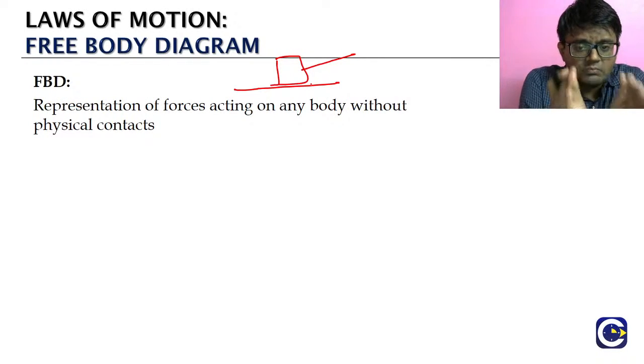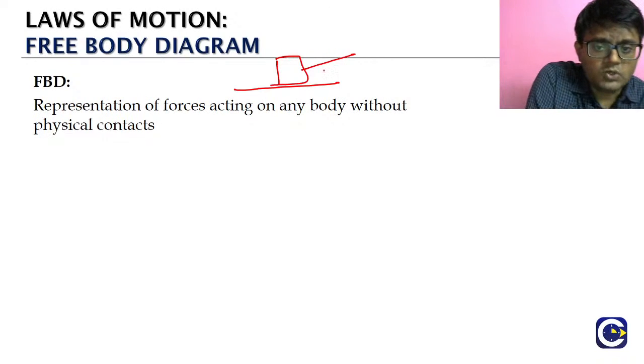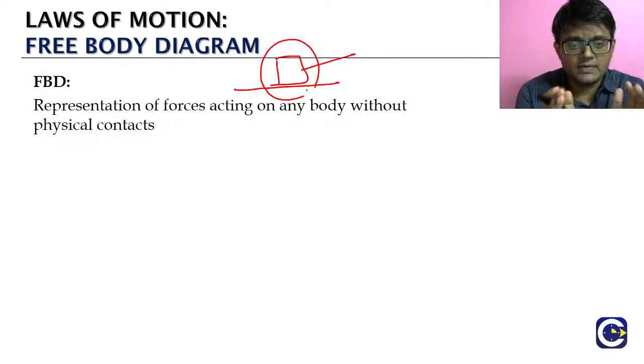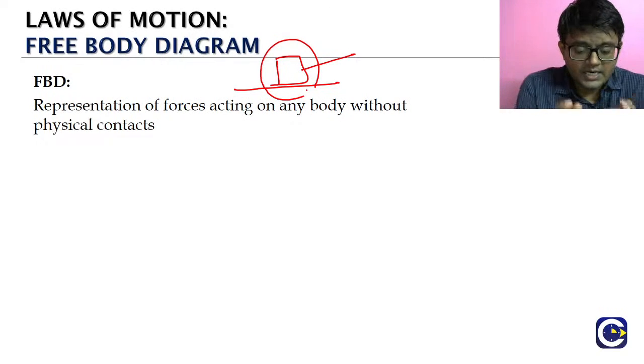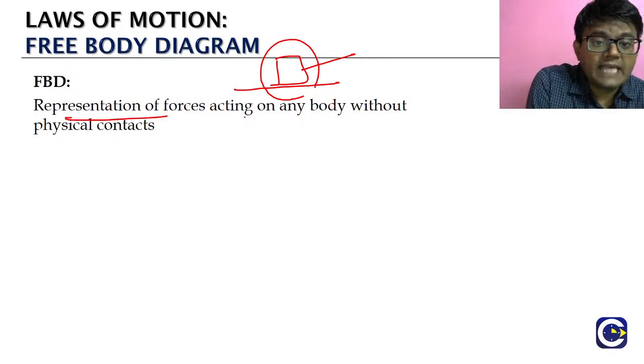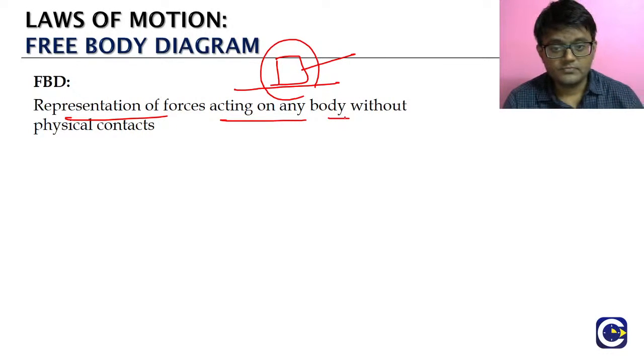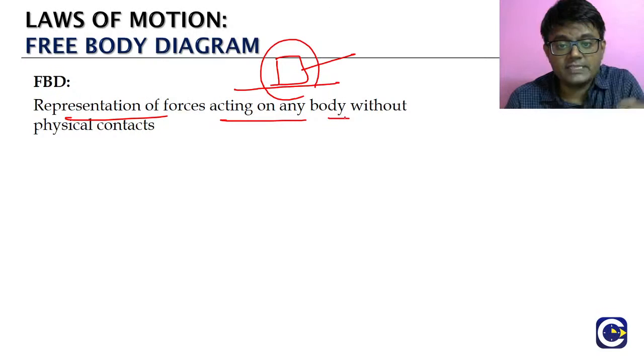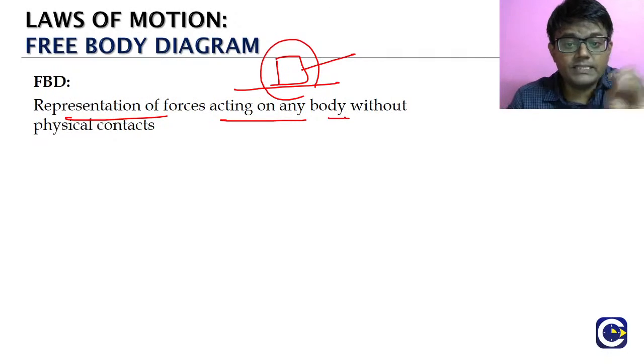If you take that body, whatever object you want to study, we take only that object and represent it with the forces acting on it. We should represent all the forces on the object without missing anything.